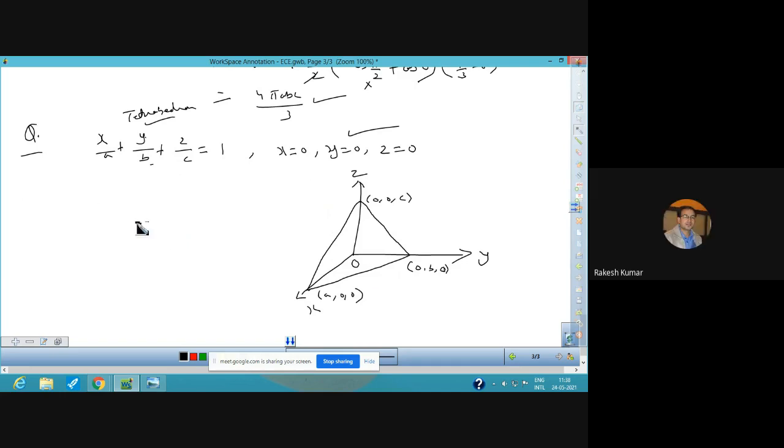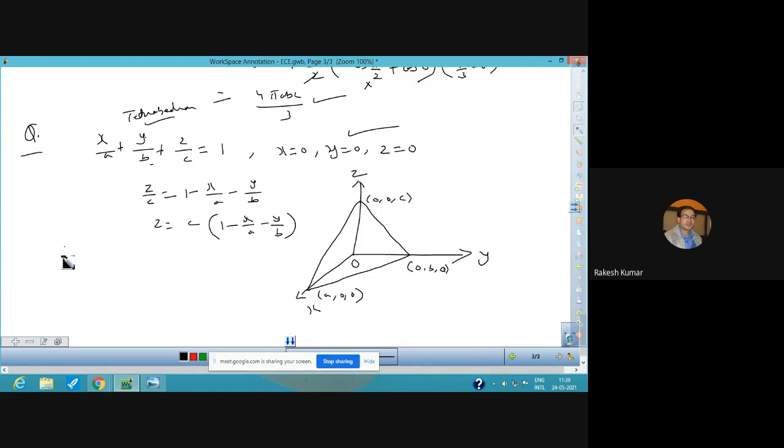Now we can find out the limits, and the values of the variables can be computed. From this equation, you can independently find out the value of z. The value of z will be 1 minus x over a minus y over b, so z will be c times 1 minus x over a minus y over b.